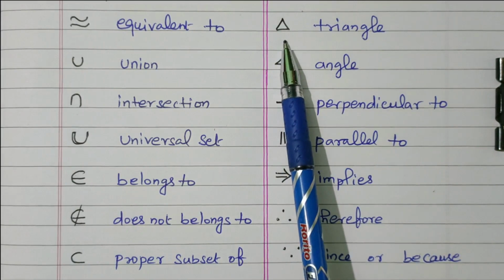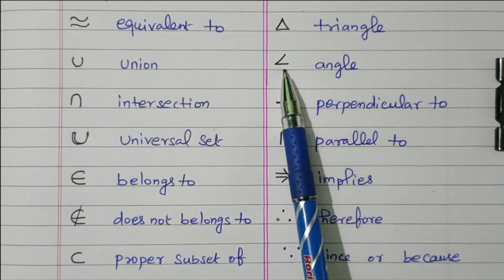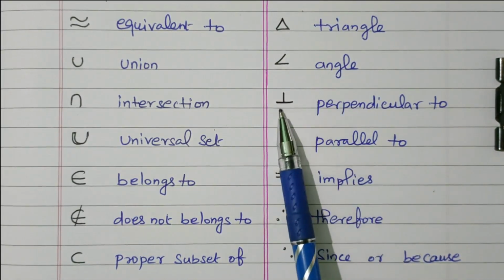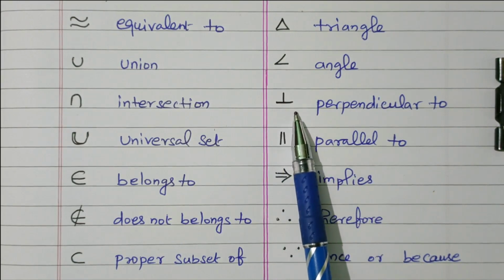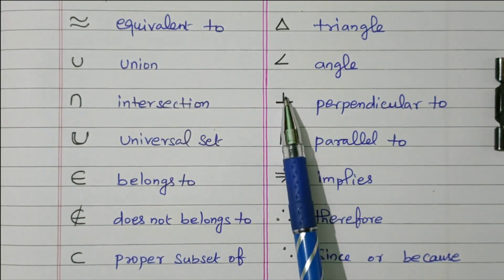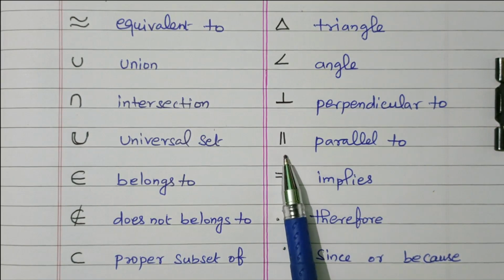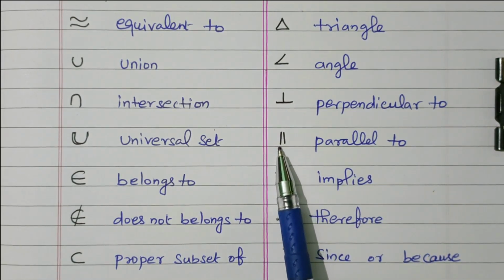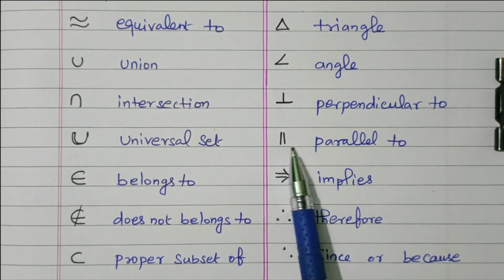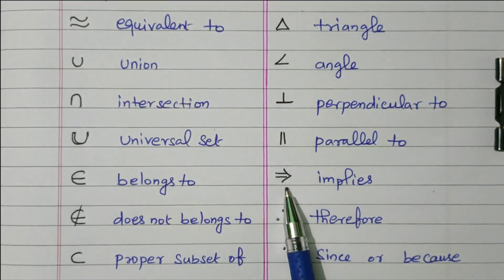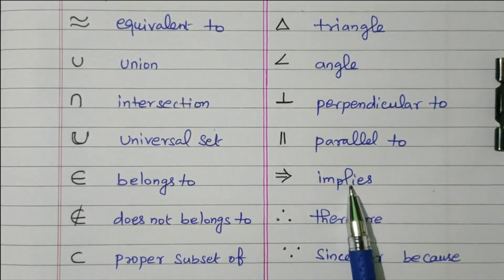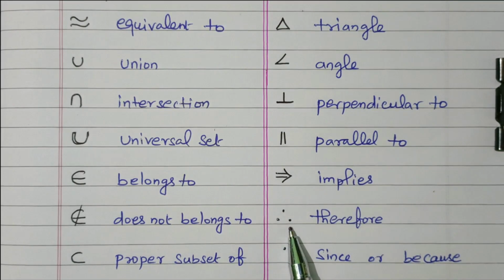Then this refers to triangle. This symbol refers to angle, right? This is the perpendicular. Perpendicular means 90 degrees. The symbol itself we can easily identify, 90 degrees. This is parallel to. A parallel to B means this refers to parallel to. This symbol refers to implies. Then therefore, three dots. If the three dots are in reverse order, it means since or because.